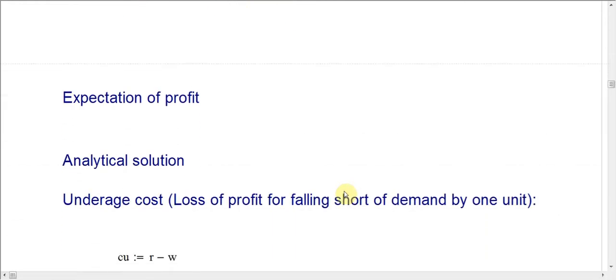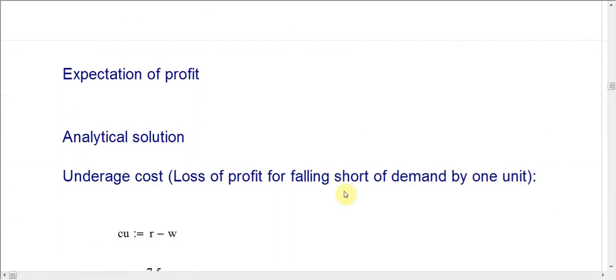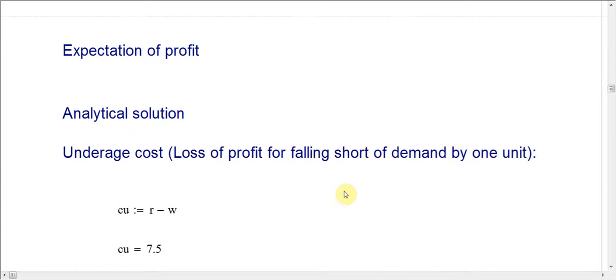Now, the expected value of the profit should be calculated. We have first to calculate the underage cost, which is the loss of profit if we buy fewer newspapers than the demand.